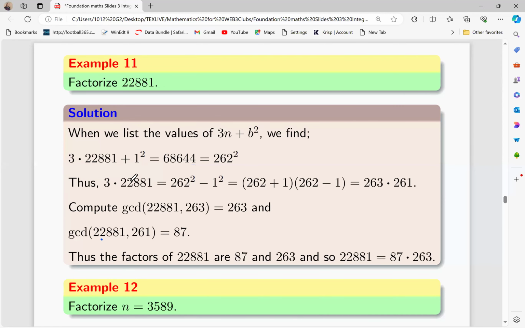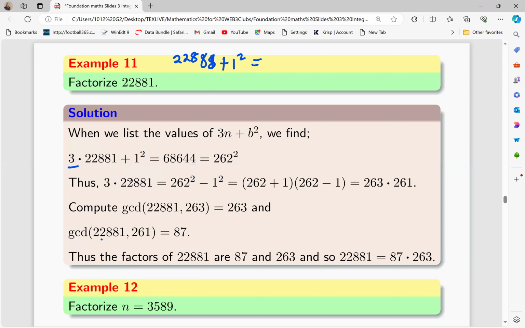So what I want is to work without 3. I want to take 22,881 plus 1 square, just as we were doing earlier, and see whether I get a perfect square.